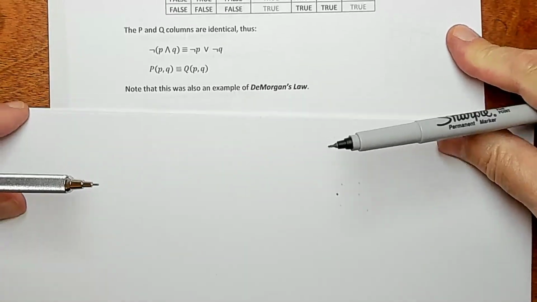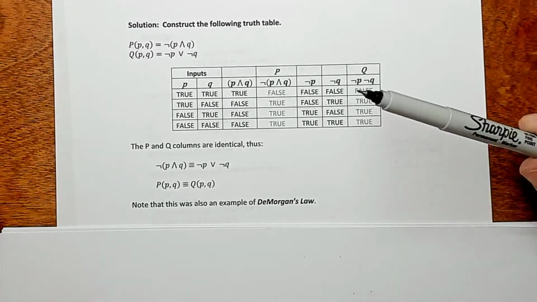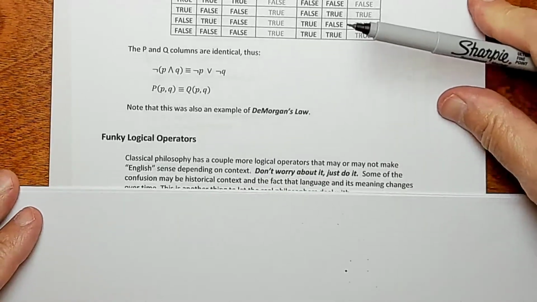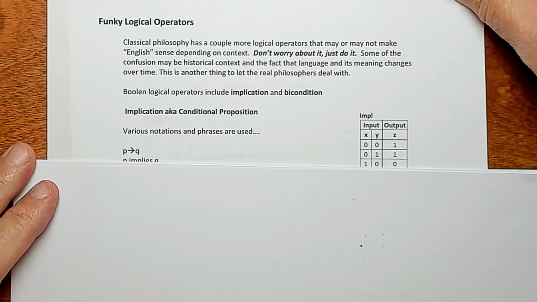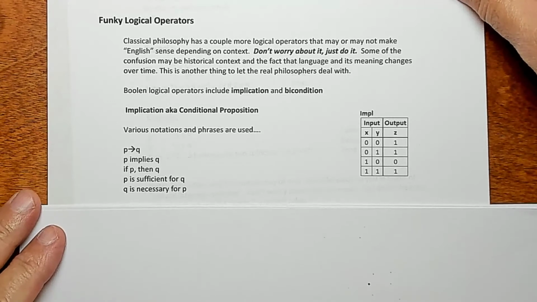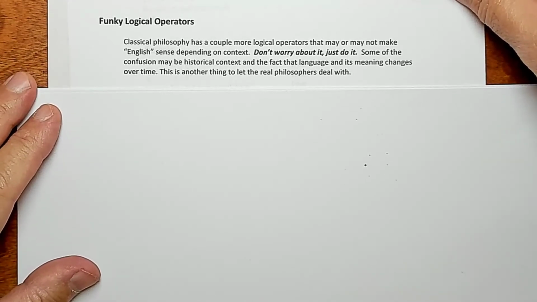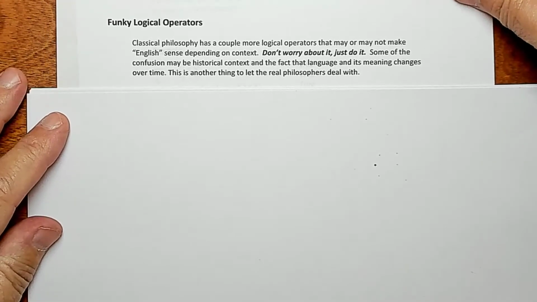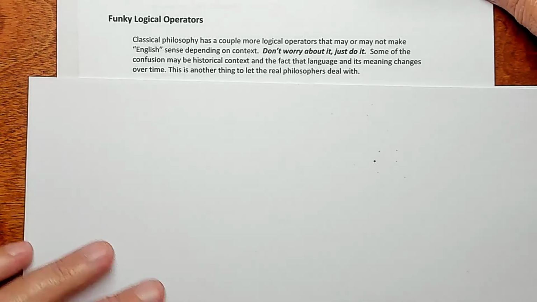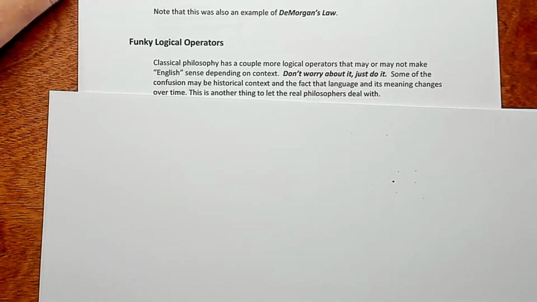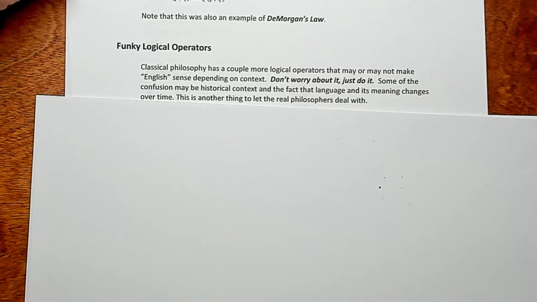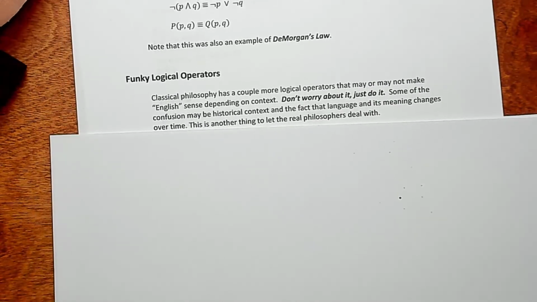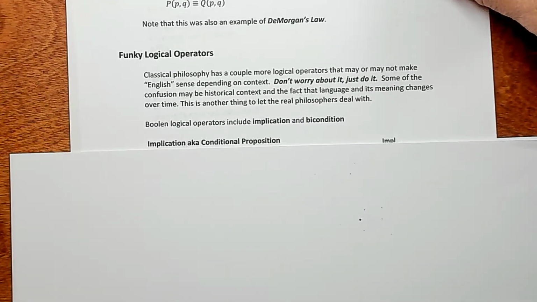So what have we done? We've done and, or, and not, right? Now, there's a couple more logical operators, which I call funky logical operators, because they start to get hard to understand, at least in terms of the English, and therefore perhaps less useful.